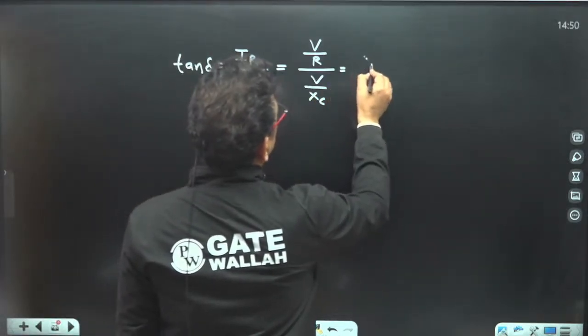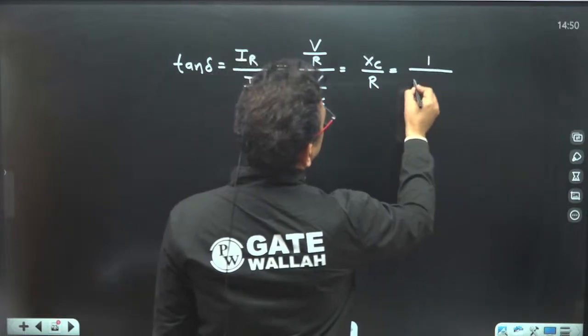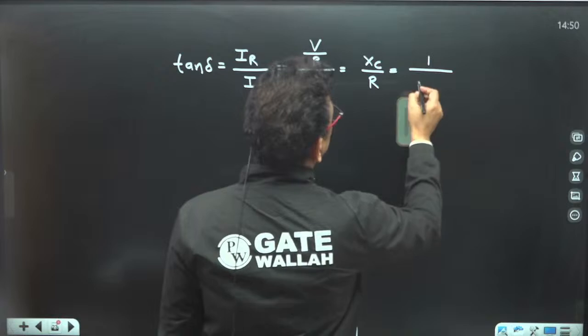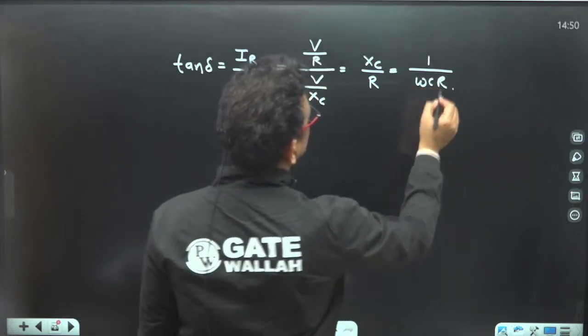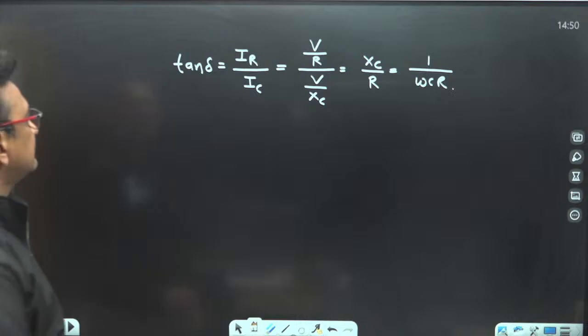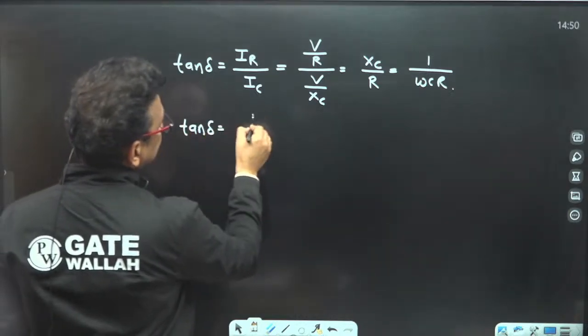So it becomes XC upon R, wait, R upon XC, and with XC as 1 upon omega C, tan delta is omega C R. Clear? So tan delta is the loss tangent.